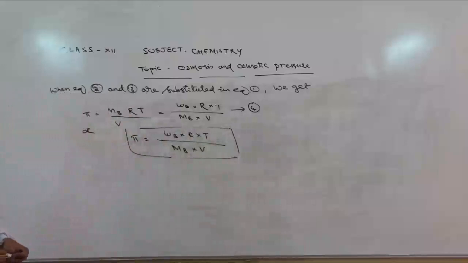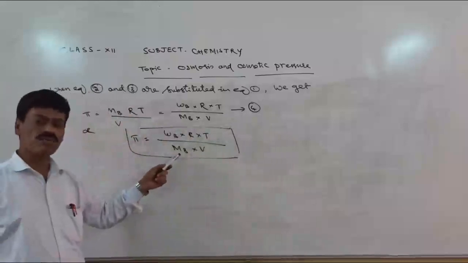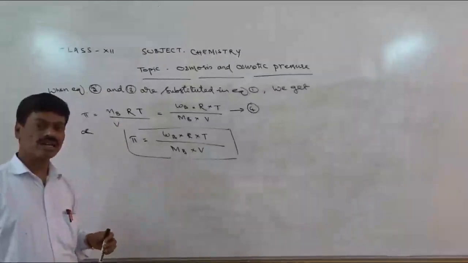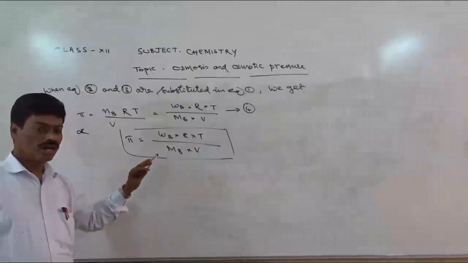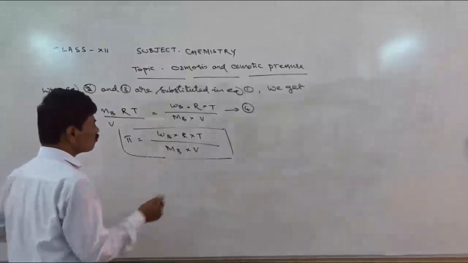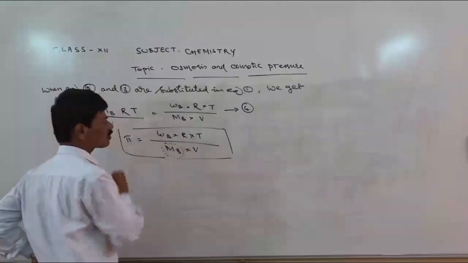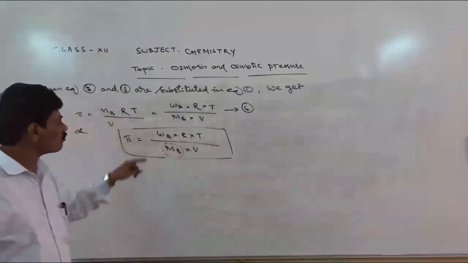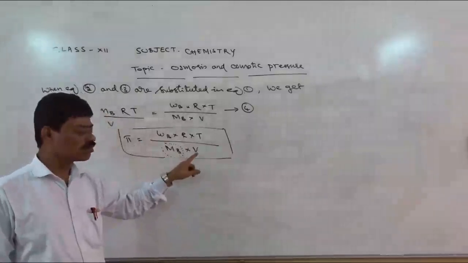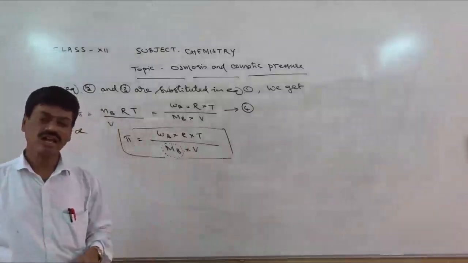So in this equation, MB stands for molar mass of the non-volatile solute. And this molar mass of the non-volatile solute we can calculate when osmotic pressure, weight of the non-volatile solute, volume occupied by it and temperature are given.